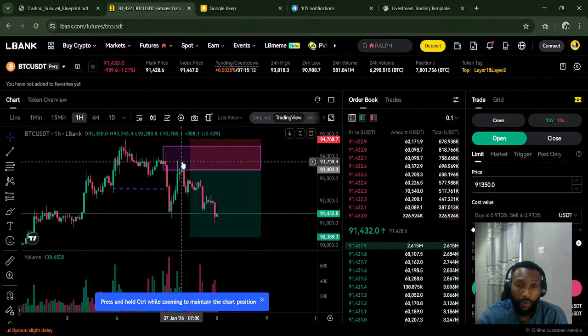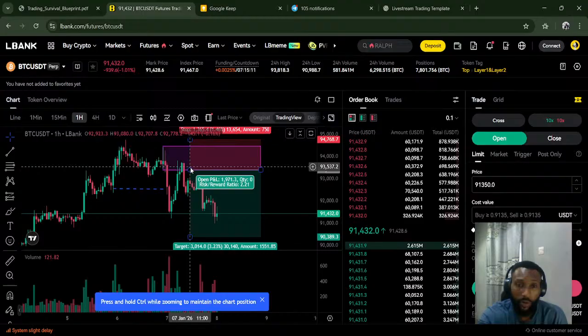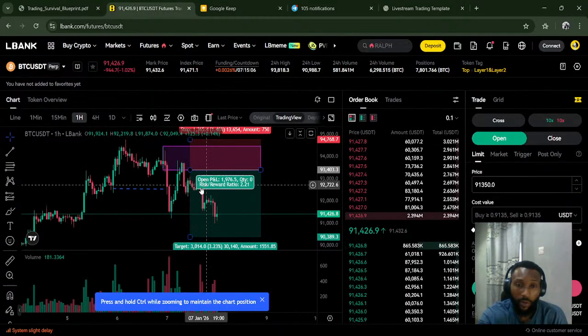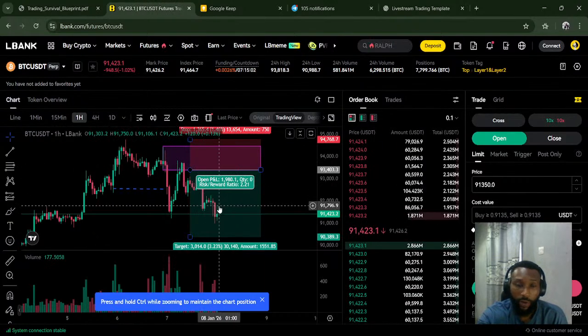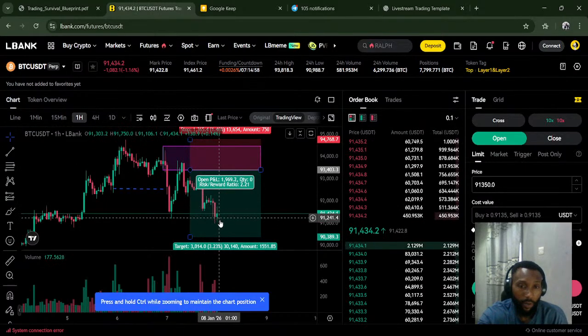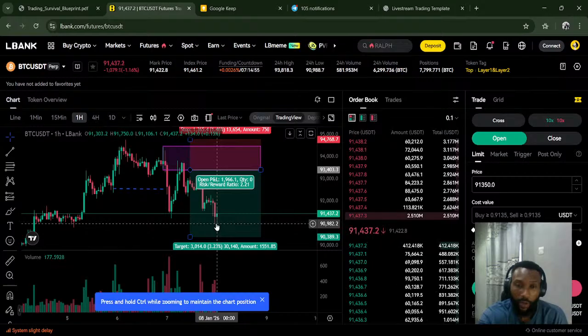Market came back and retested this region and started going back down. Sellers had more strength. Sellers took over the market and started pushing the price downwards. And here we are.